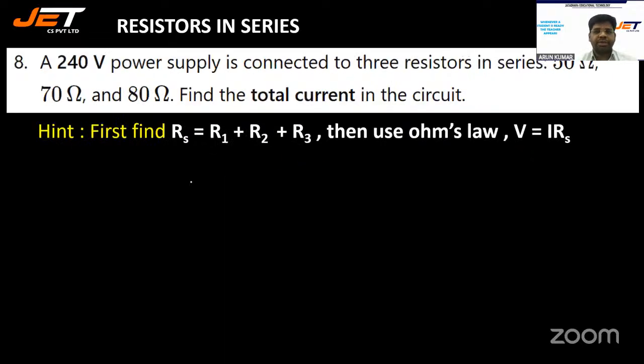All right, here is another one. A 240 volt power supply is connected to 3 resistors in series. Find the total current in the circuit.